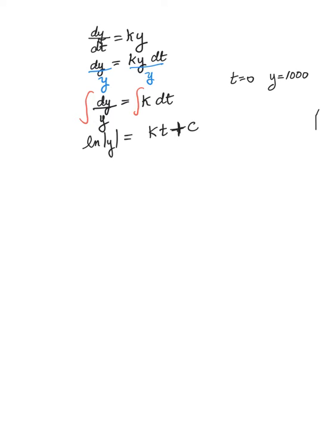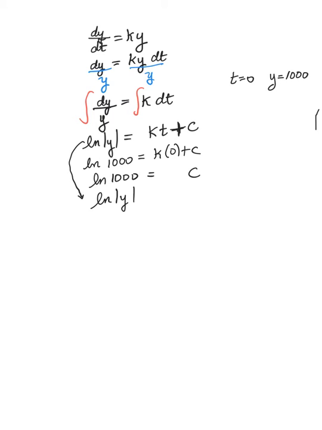So when we substitute this in here, we get ln of 1,000 equals k times 0 plus c. So c is simply ln of 1,000. When we substitute this back into our antiderivative with the correct value of c, we get ln of absolute y equals kt plus ln of 1,000.